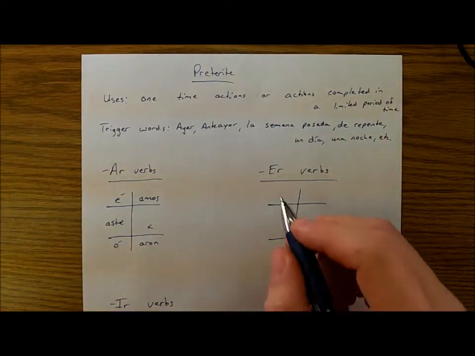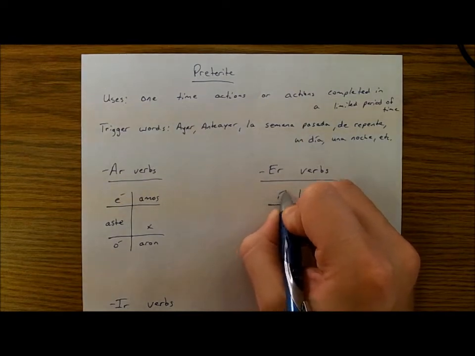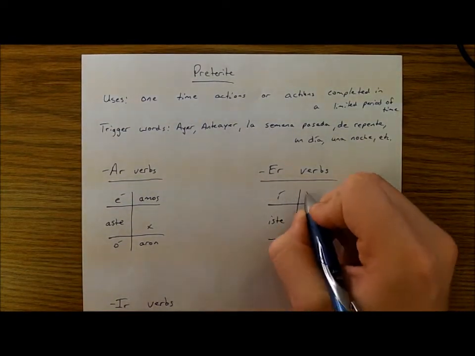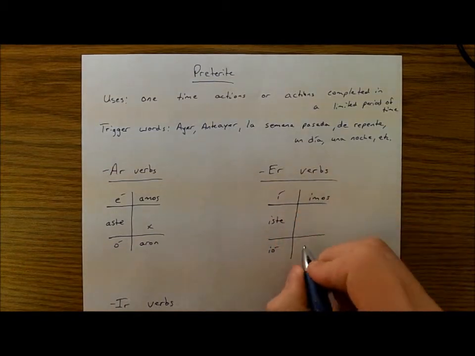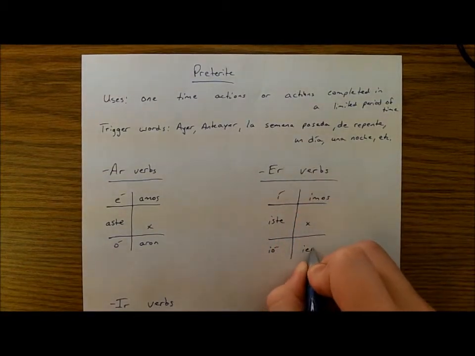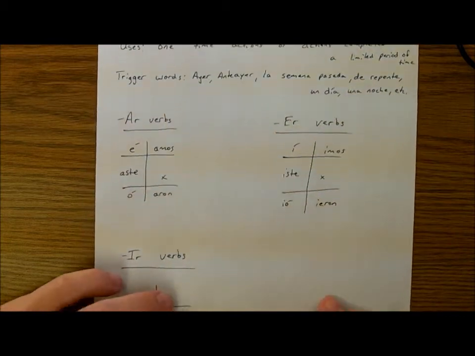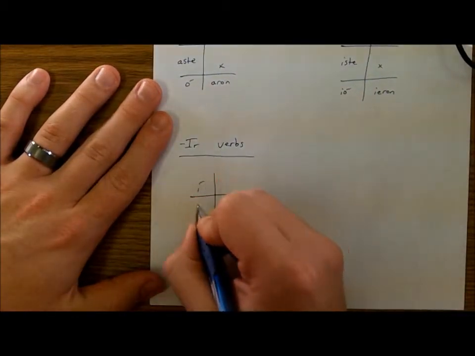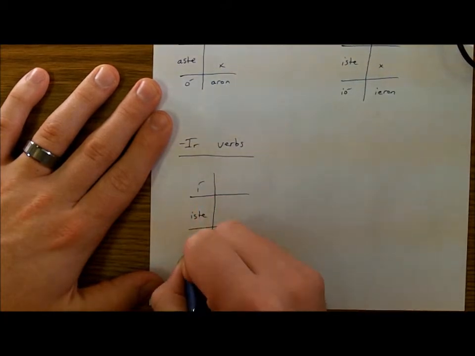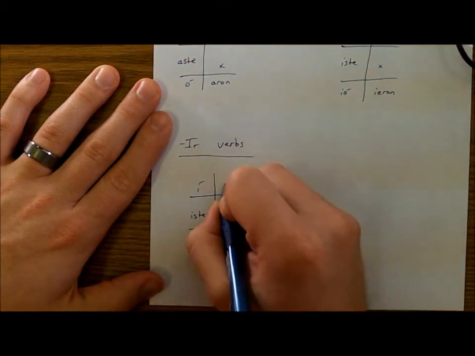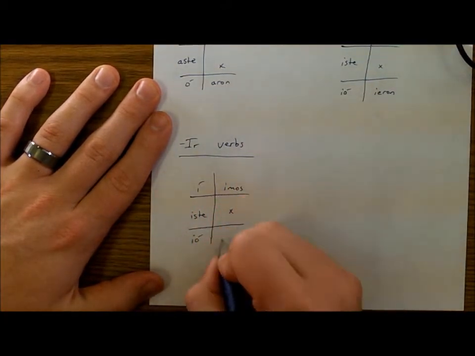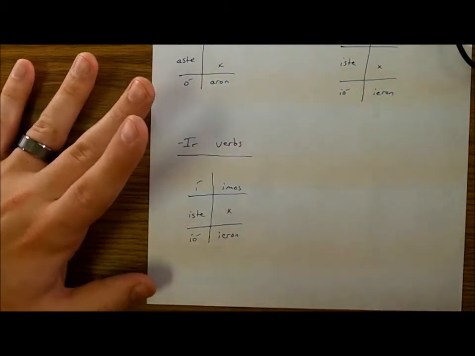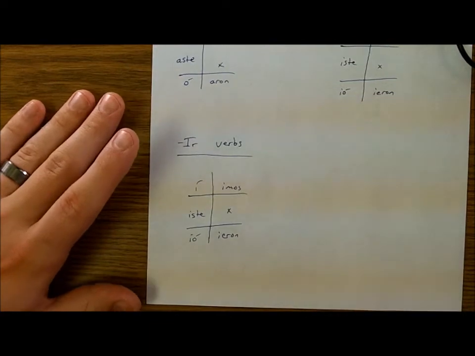For ER verbs we have í, iste, ió, imos, and ieron. Now down here in the IR, we have í, iste, ió, imos, and ieron. Yes, ER and IR verbs have the same exact endings.